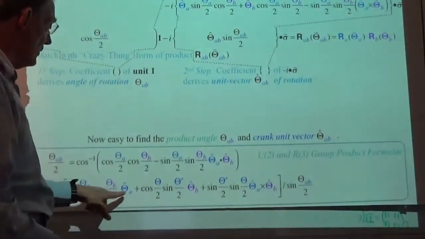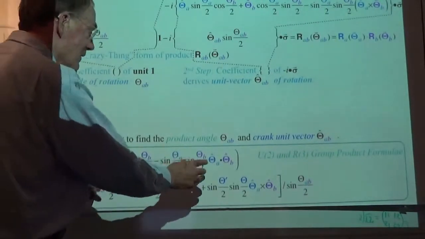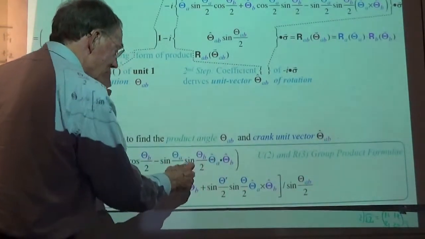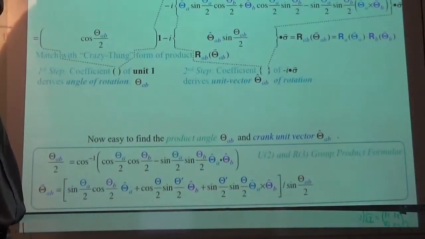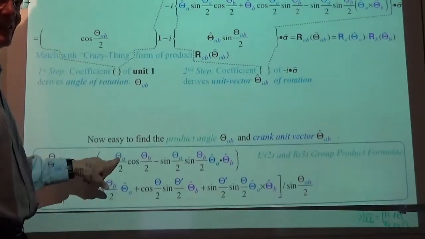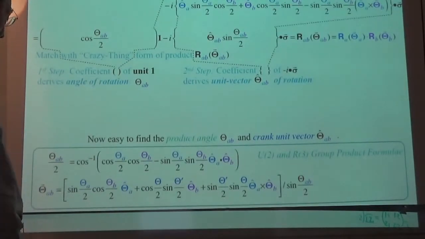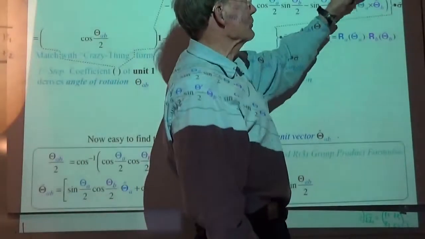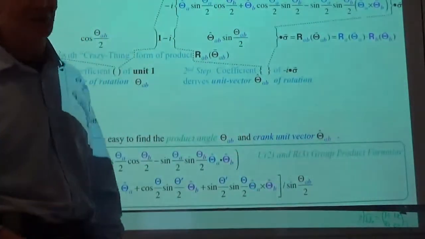I'm left with a sine cosine plus cosine sine. Same thing up here. In line, those are unit, that's a unit right there. I'm left with cosine, cosine, minus sine, sine. Well, that's cosine of theta A minus theta B, right? This would be sine of this. So yeah, we're getting the thing to give us that in this very special case. You will simply add them, but most of the time you don't get to do that.